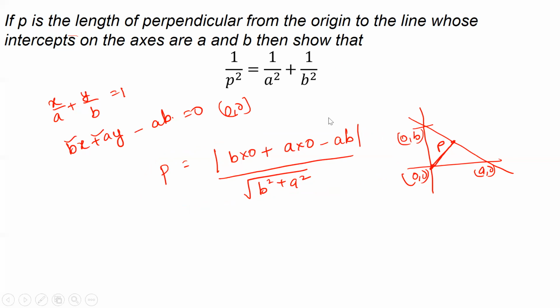So let's see what we can do. We have p is equal to |minus ab| divided by root over a square plus b squared. Then we can square both the sides. So what we have upon squaring is p square is equal to a square b square divided by a square plus b square, because if you square a modulus, it just eats up the modulus.